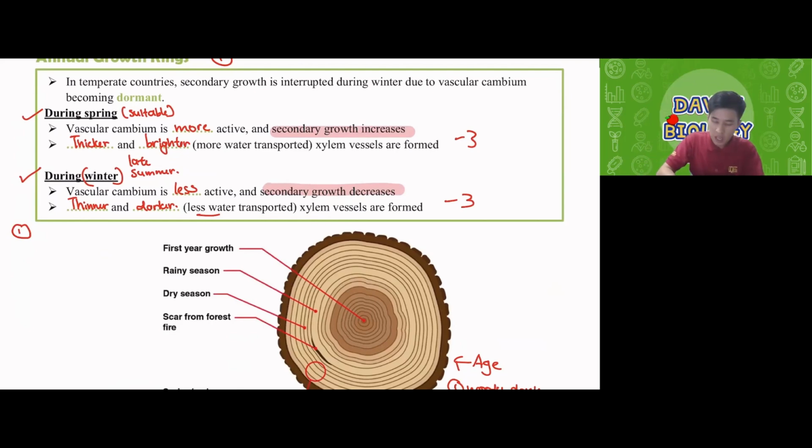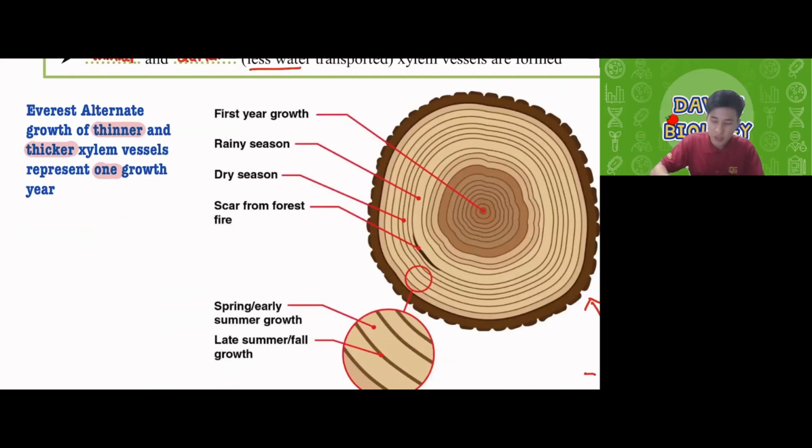So you can say every alternate... I forgot the exact word for that. You can write this: every alternate growth of thinner and thicker xylem vessels represents 1 growth year.